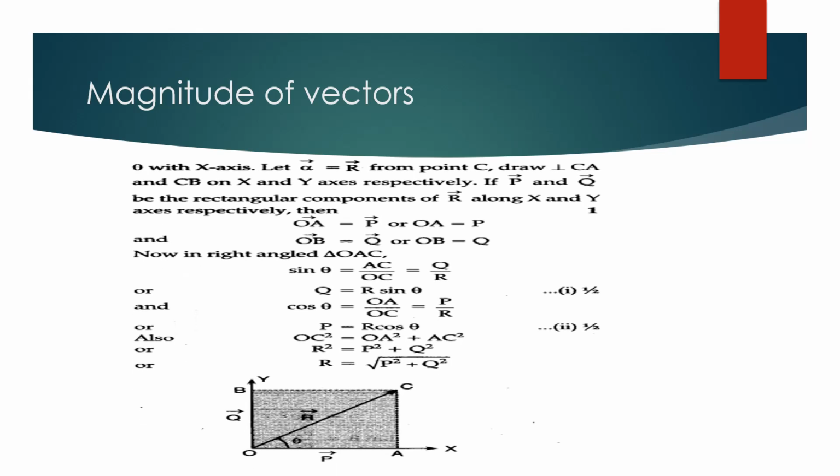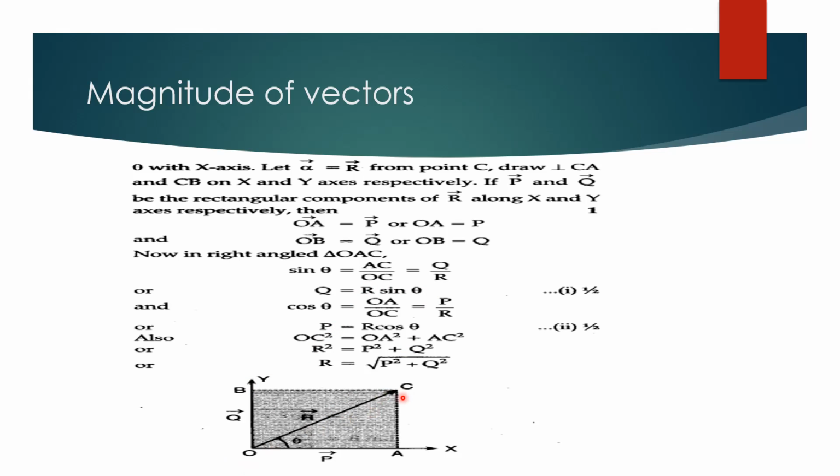Now the magnitude of vectors. If a vector r is resolved along the x-axis and the y-axis, let the x component be p and the y component be q. So we can write p in terms of r: p is equal to r cos theta, and q can be written as r sin theta.